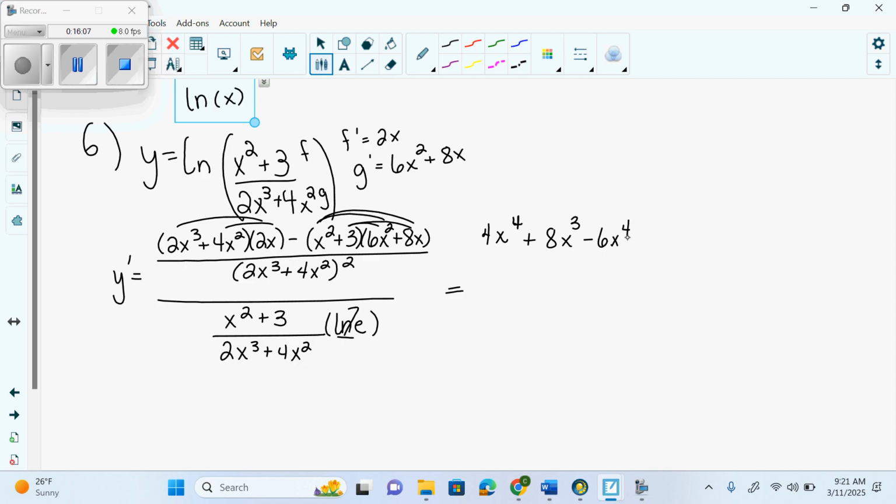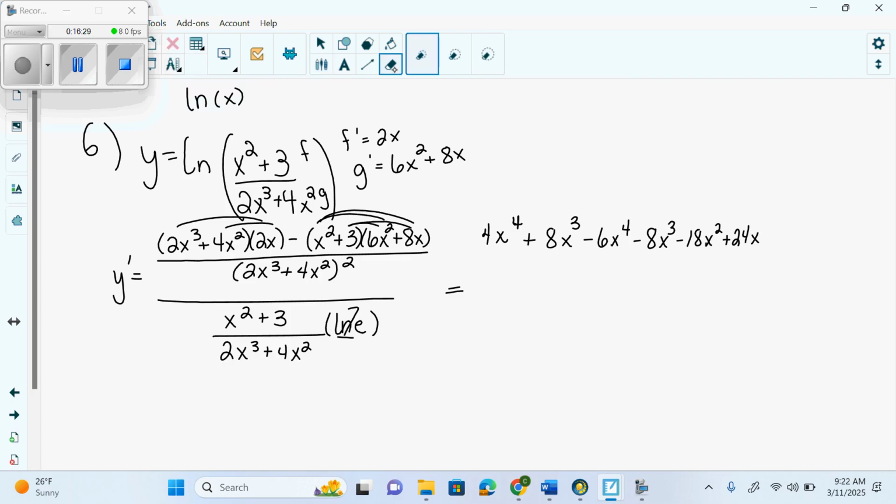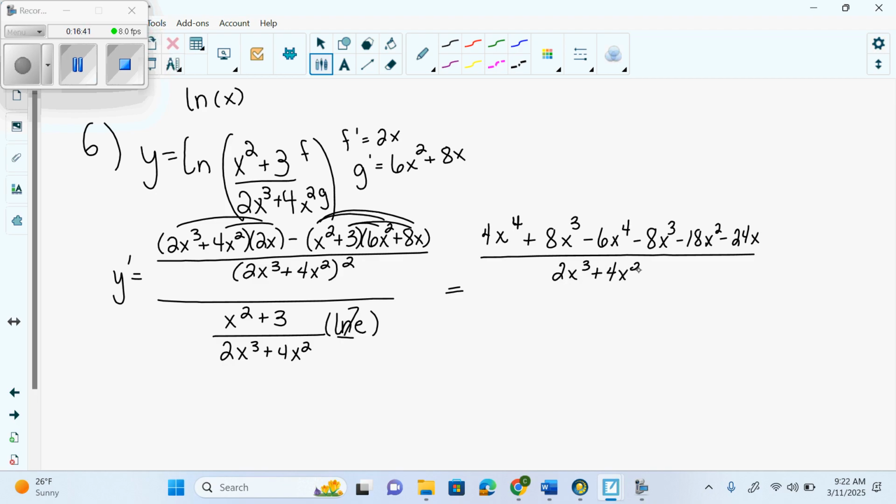And then x squared times 8x is 8x cubed, so I'm going to get negative 8x cubed. 3 times 6x squared is 18x squared, so I'm going to get negative 18x squared. And then I get 3 times 8x is 24x. That should be minus. All over 2x cubed plus 4x squared, squared.